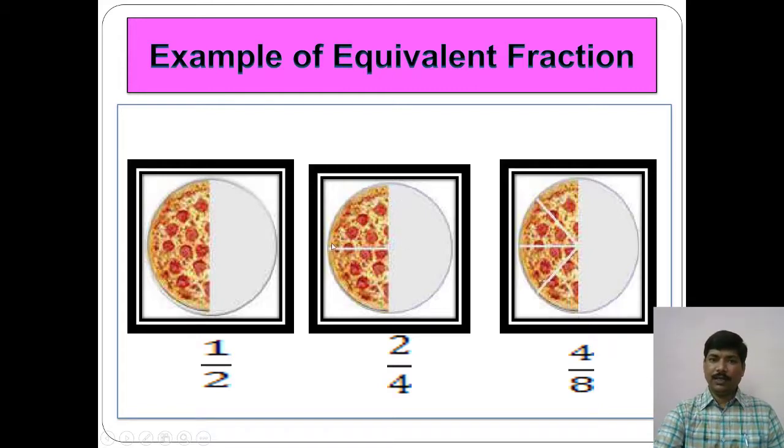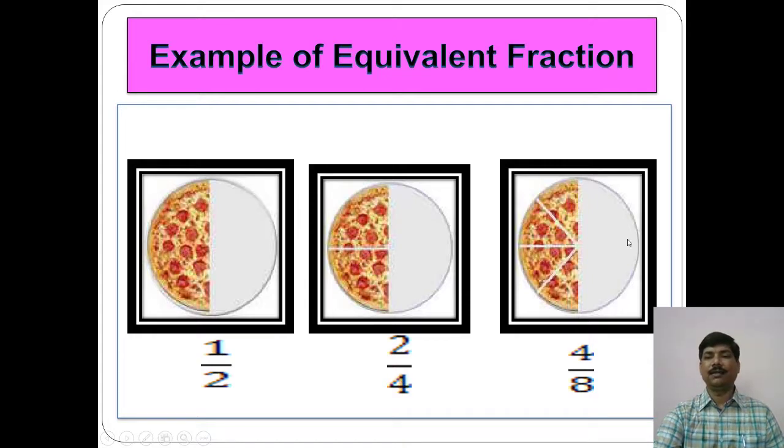If we divide this part into two equal parts in this way, the whole is divided into four equal parts. Here we are taking two parts, so the fraction will be represented as 2 by 4, 2 upon 4.